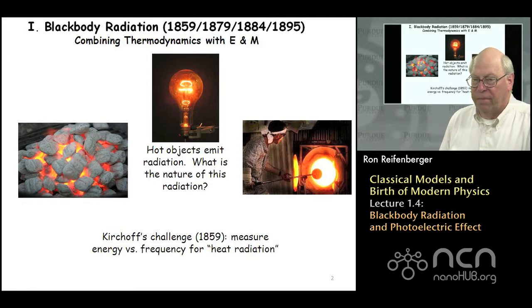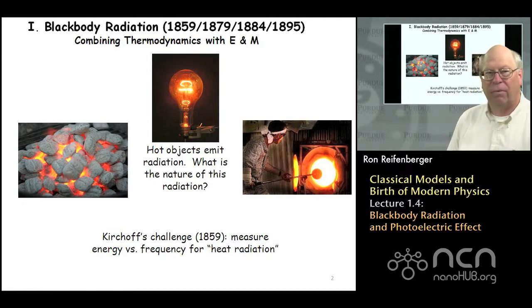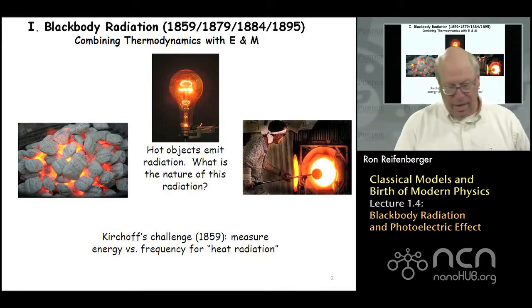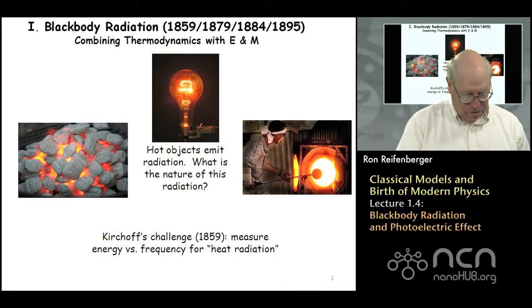And the premise is pretty clear. Everyone knows that if you heat up an object, if you get it hot enough, it starts to glow. It acquires a characteristic color. And the question is, where does that light come from, and what's the nature of the light that's emitted from a hot object? That was not at all clear in the middle of the 1800s.